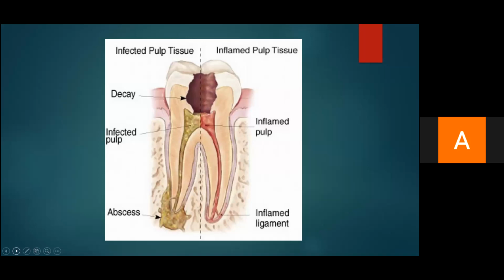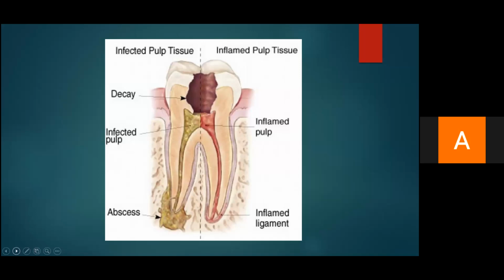Once the pulp gets infected, it will lead to necrosis. The necrosis will clog the entire pulp. There will be no circulation and no flow of nutrients. The microbial activity will be very high, and the microbes will start to expand. Once they start to expand, they have no area to move but downwards.